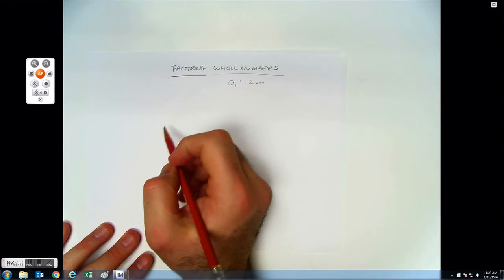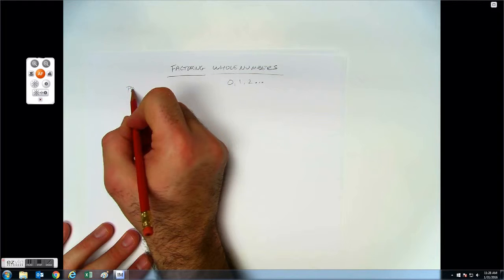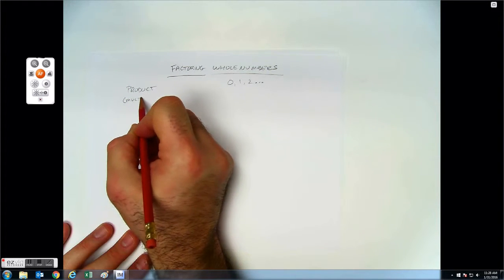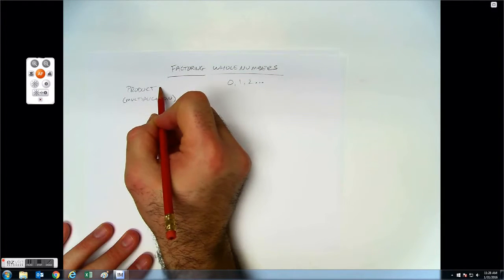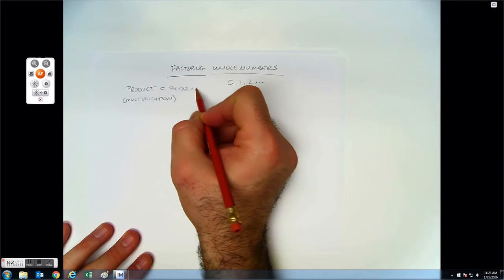What does the word factoring mean? Well, let's look at a product. A product, another word for multiplication. A product is made up of two factors multiplied together, at least two factors.